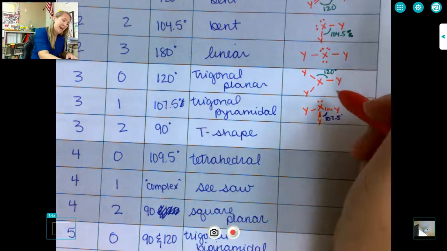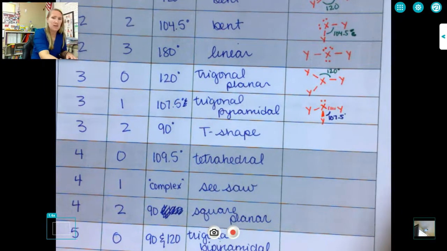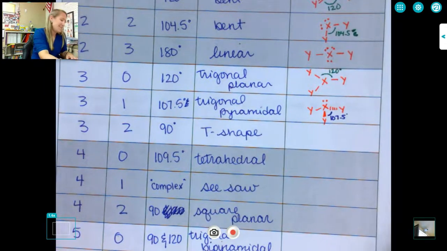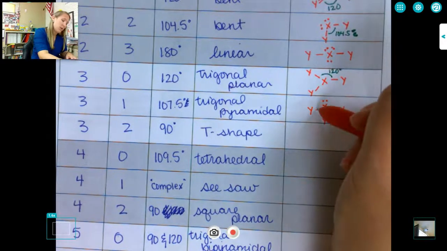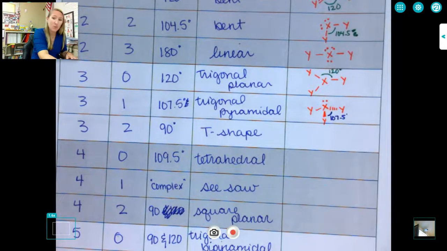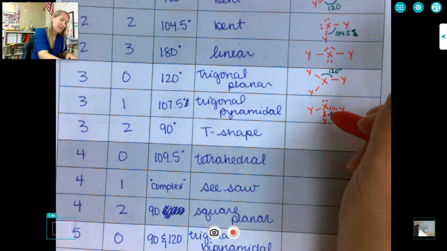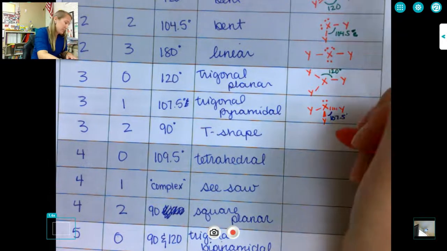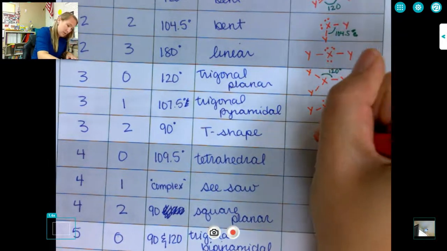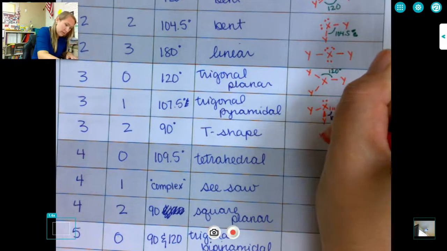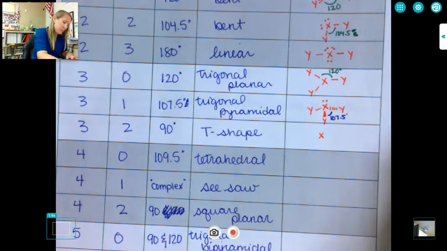Now, if I come in and add another pair of electrons, I'm going to get what's called a T shape. So we're going to push these guys together even more, where they're going to take up 90 degrees between each of them. So this guy is going to still have my central atom.